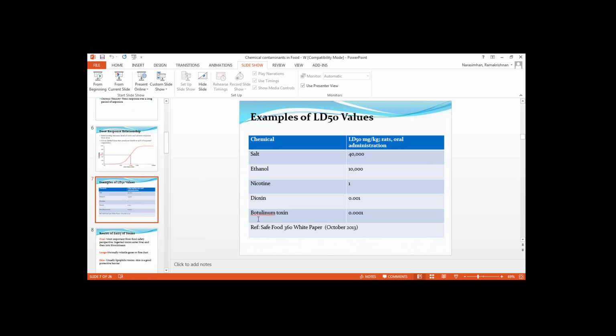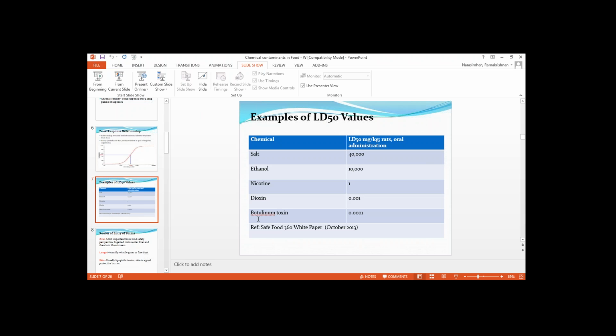The results become somewhat blurry when you try to extrapolate to human beings. Obviously, we cannot do this kind of experimentation directly on human beings. We have to depend on animal studies.